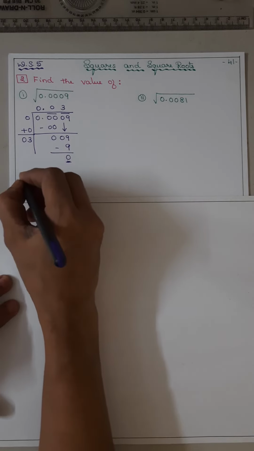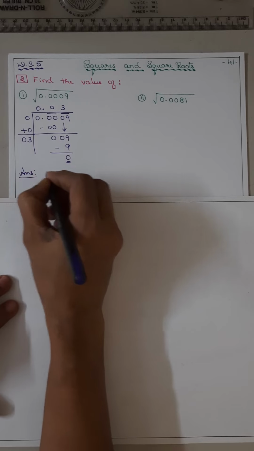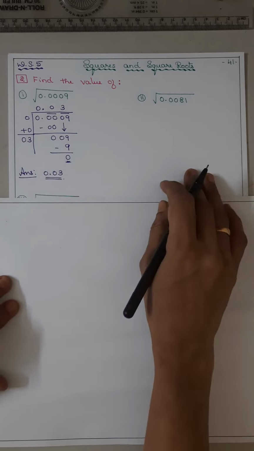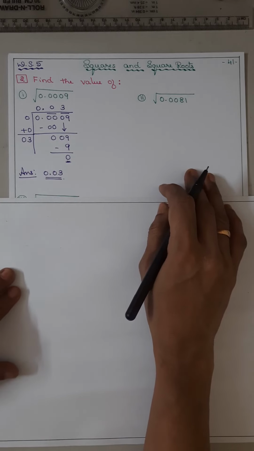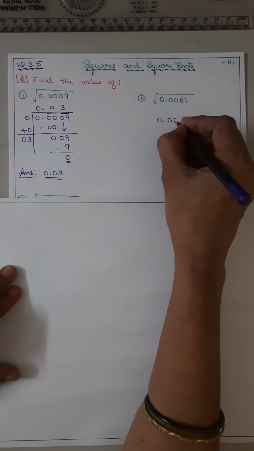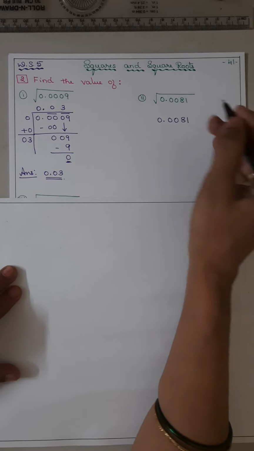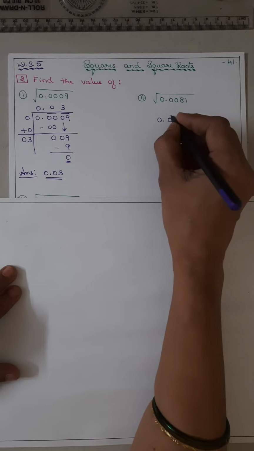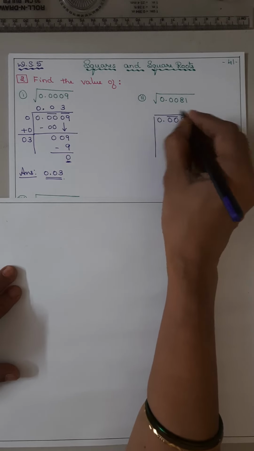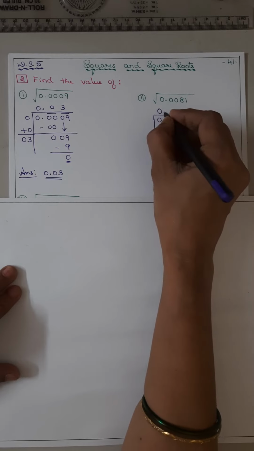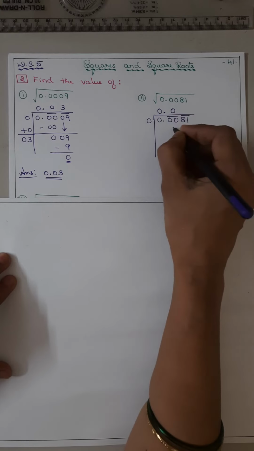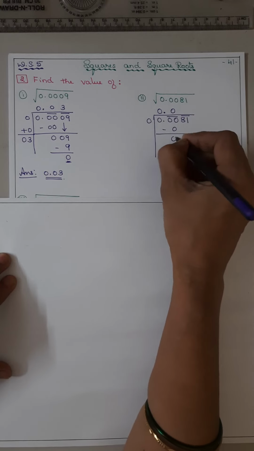So the answer is 0.03. Now coming to the second subdivision, 0.0081. Group it from left to right, 2 zeros and 81. The lines, 0 point. Now 2 zeros, that means 0.